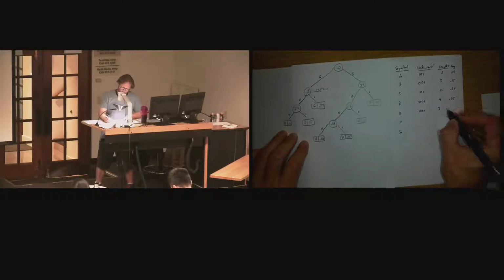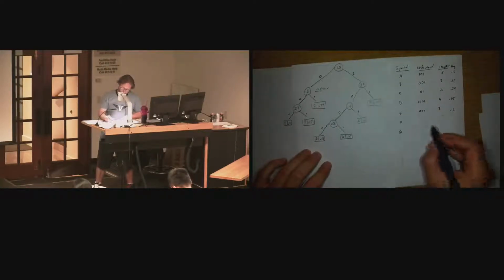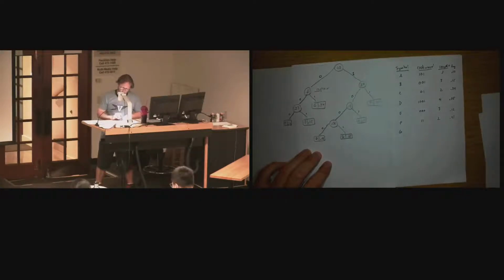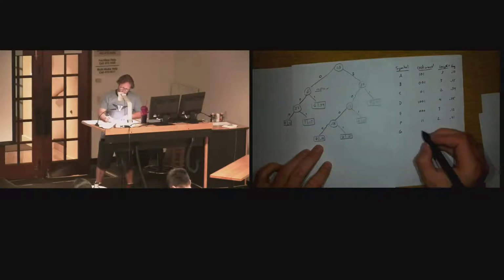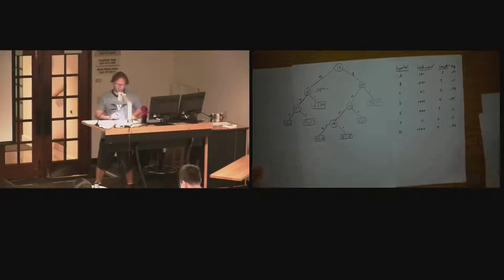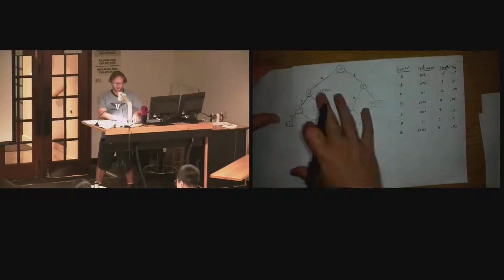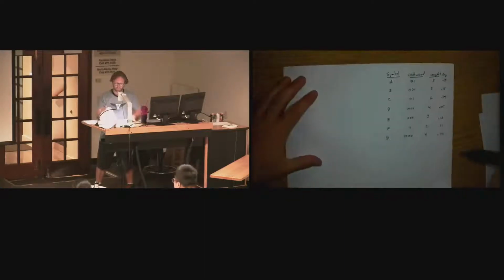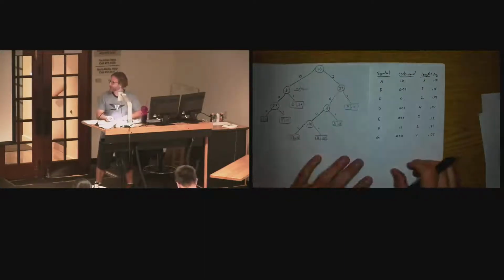And a code word length of 3. F is right here. It's going to be 1, 1, 0.21, and it has a code word length of 2. And G is way down here, 1, 0, 0, 0. Code word length of 4, and frequency of 0.03. Okay? There's our tree. I'll leave it over here for a second.